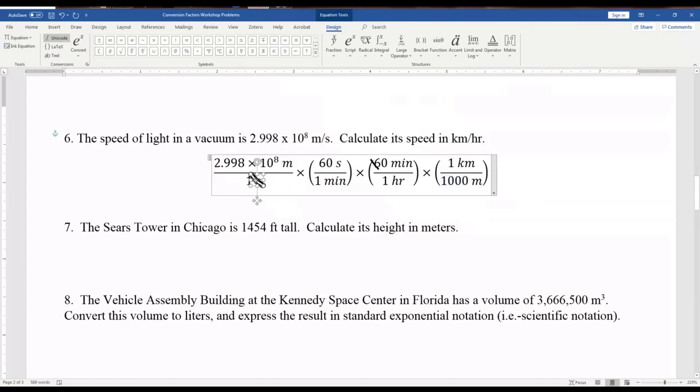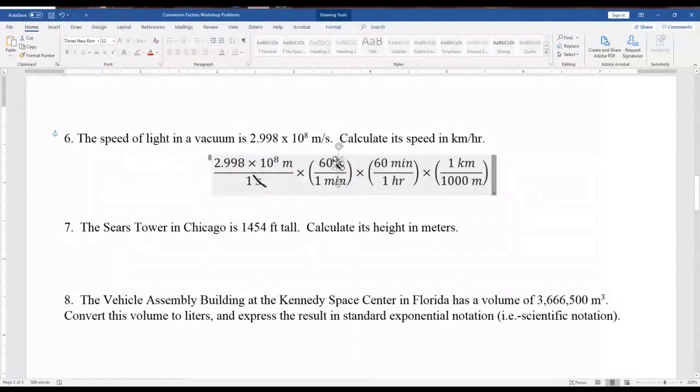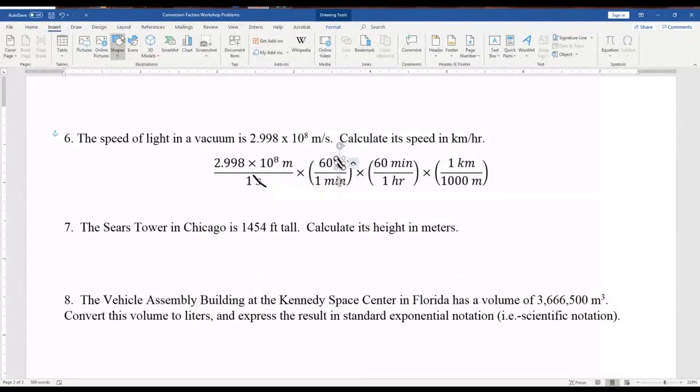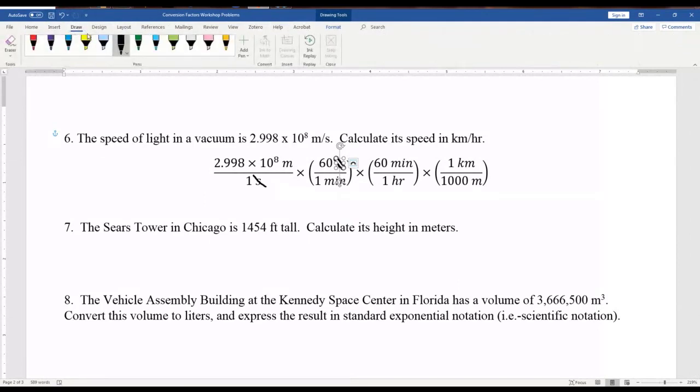And so now I can multiply everything on top and divide everything on bottom, and then I will be good to go. Minutes goes bye-bye. Meters goes bye-bye. And I just multiply everything on top, divide everything on bottom, and then I calculate the final answer. So 2.998 times 10 to the 8th times 60 times 60 divided by 1,000.